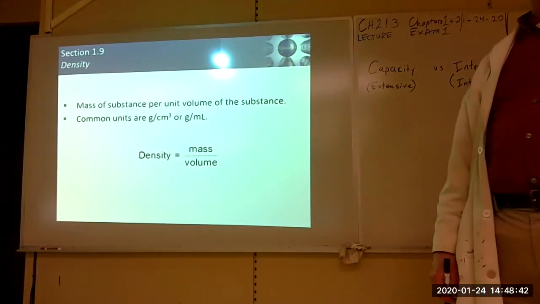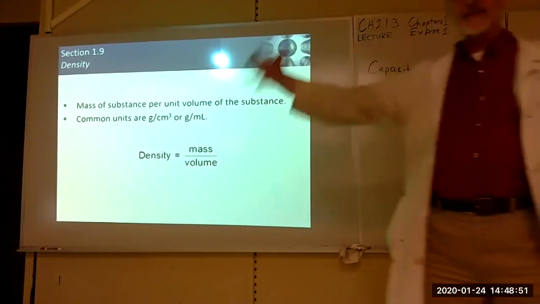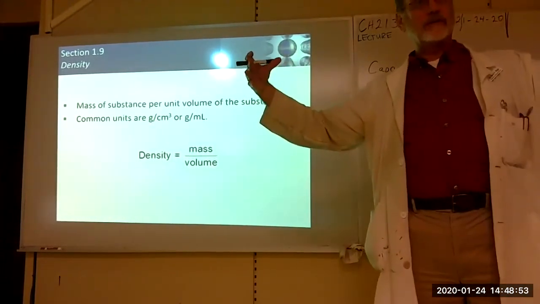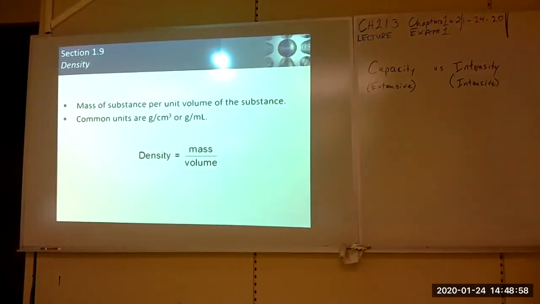water that's boiling. If you have a pot like this and it's boiling, it's going to be 100 degrees at 1 atmosphere pressure. If you have a pot like this and it's boiling, it's going to be 100 degrees too, no matter how much it is. So temperature is an intensity factor. Right? It doesn't matter how much you have.